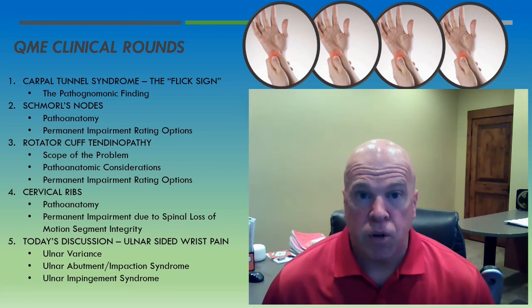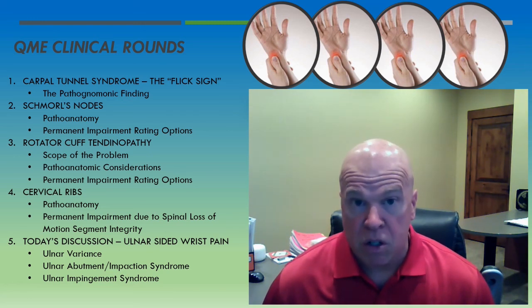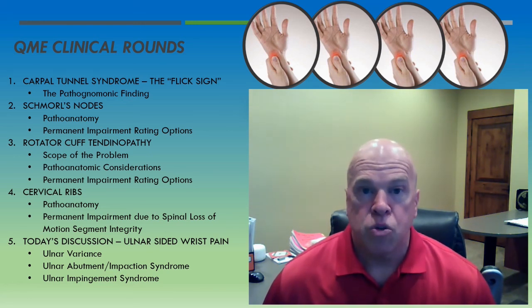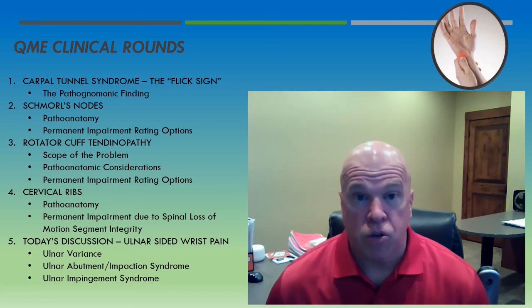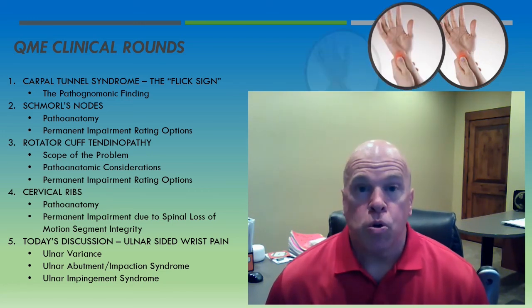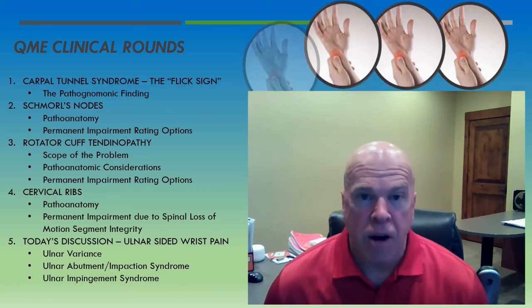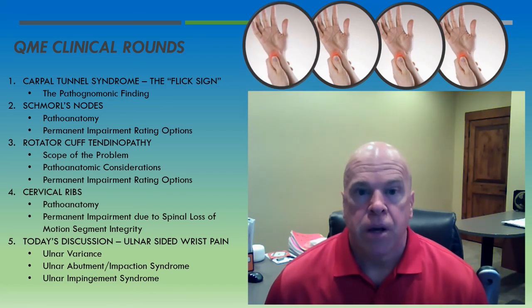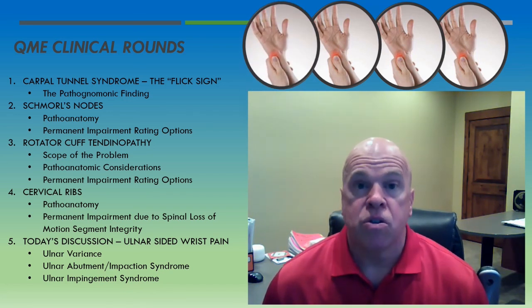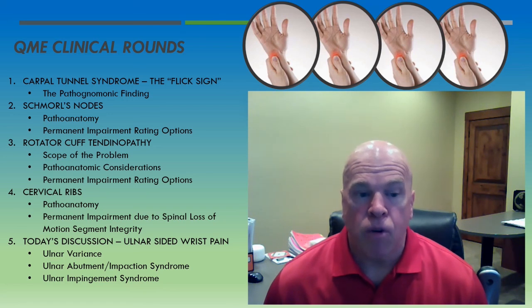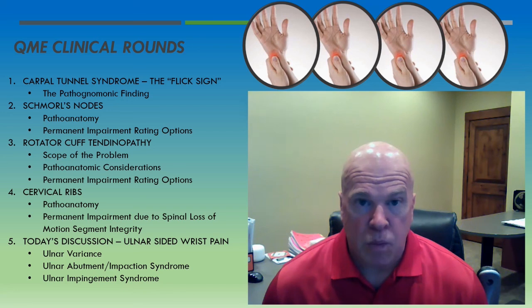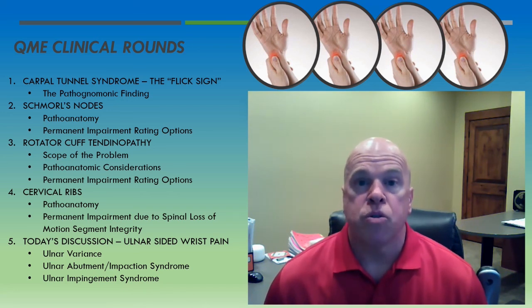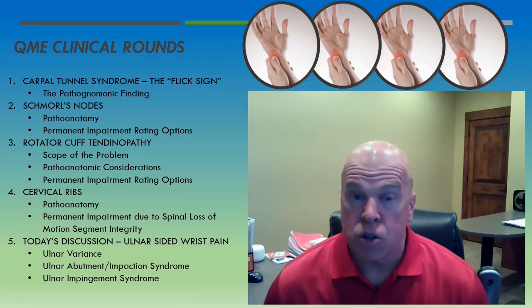And if you understand that this represents a serious injury to the spine, this represents either a finding related to the current industrial injury, in other words, the current industrial injury caused the Schmorl's node, or this represents a prior and pre-existing condition of the spine. And in both cases, I provided for you several permanent impairment rating options that you can use to accurately rate these particular examinees for their loss of function of the spine.